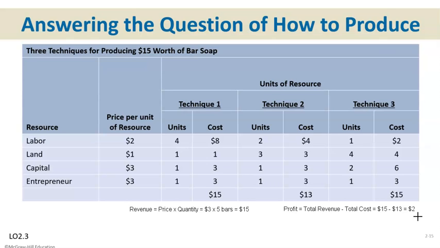So what you want to keep in mind here is that when profit is positive, like it is here, there's extra profit to be made, so more firms will enter the market. This industry is going to expand. There will be new businesses in this industry, and there will be more resources used, in this case, to make soap. If you get a 0 for profit, then that means the industry is going to stay exactly the same size.